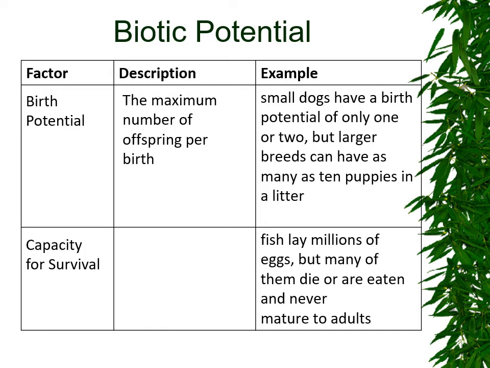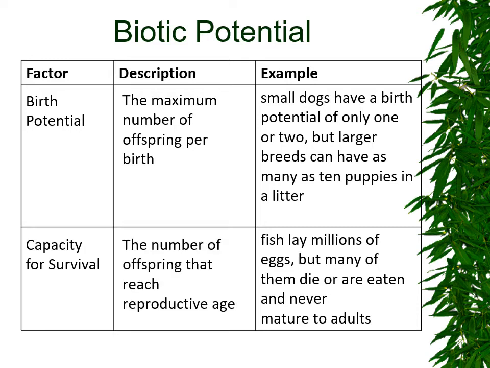Capacity for survival is the second factor: the number of offspring that are going to reach reproductive age. Fish lay millions of eggs, so how many of them are going to make it to an age where they can reproduce? That's your capacity for survival.